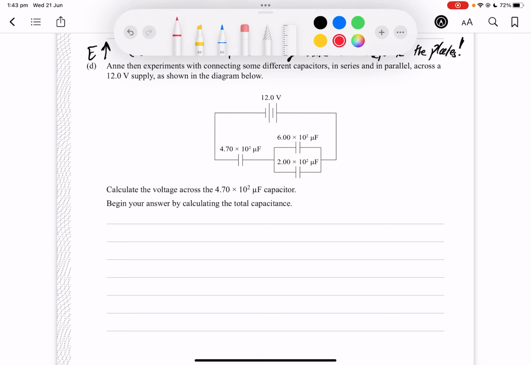Okay, so that's the question. So the total capacitance. Let's try combining these two capacitors into a single capacitor.